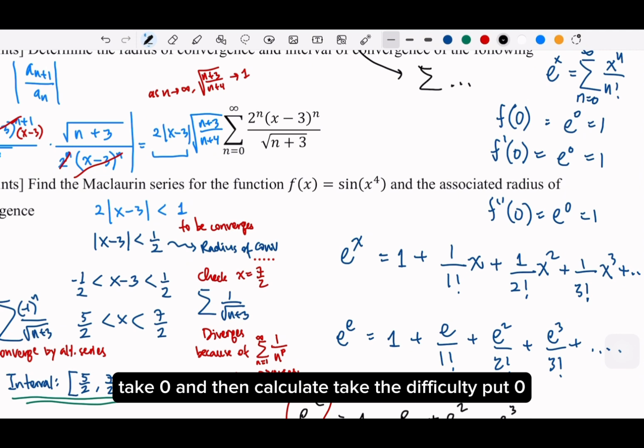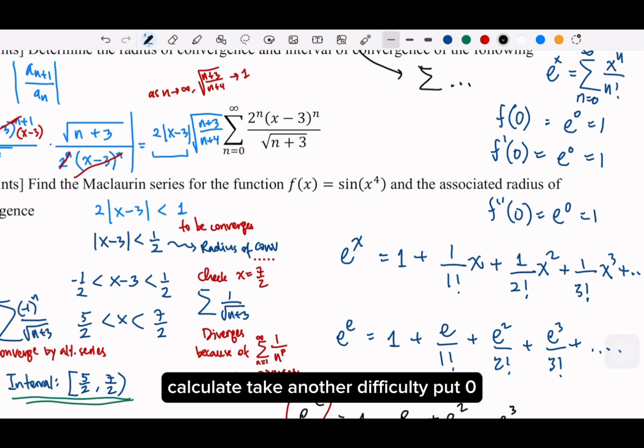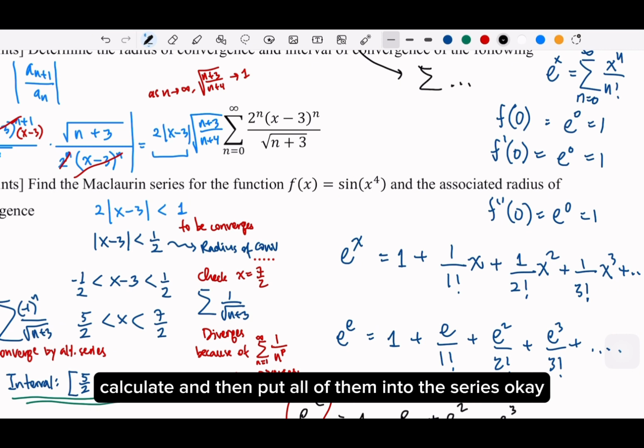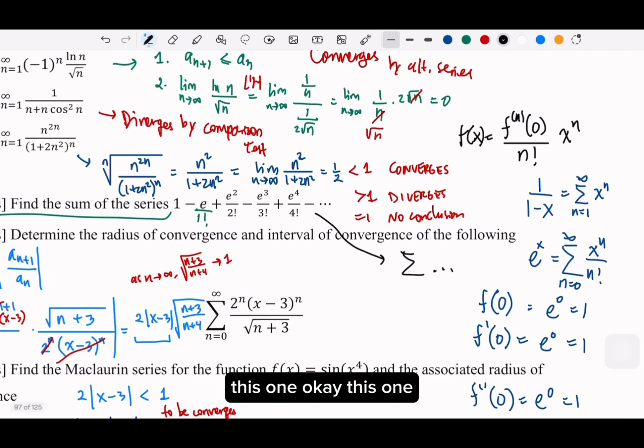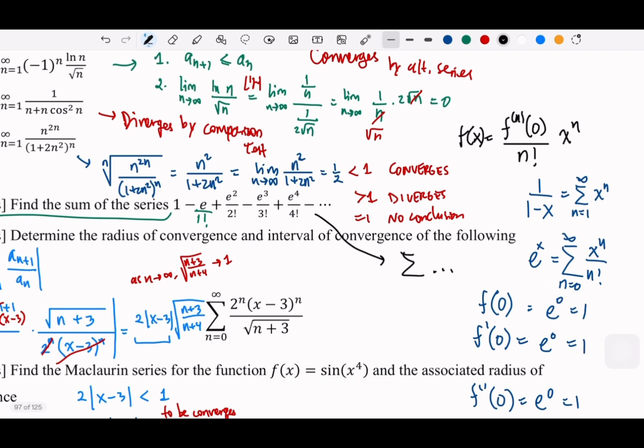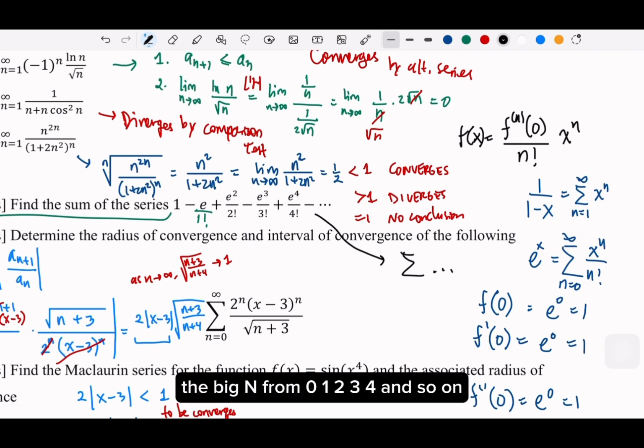Take the derivative, put in 0, calculate it. Take another derivative, put in 0, calculate it. And then put all of them into the series. What is the series? The series is this one, taking n from 0, 1, 2, 3, 4, and so on.